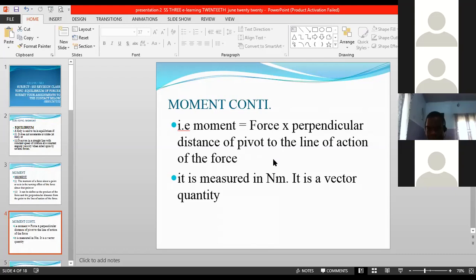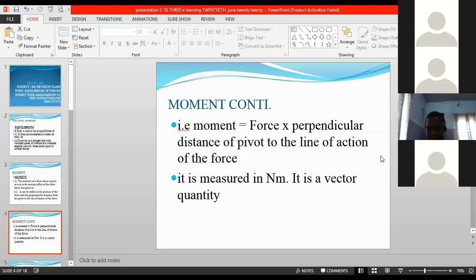Now, because of objective tests, let me ask you which of the following quantities have the same unit as moment. Now look at them. We have torque, couple, work, energy. All these quantities have their derived unit as Newton meter.